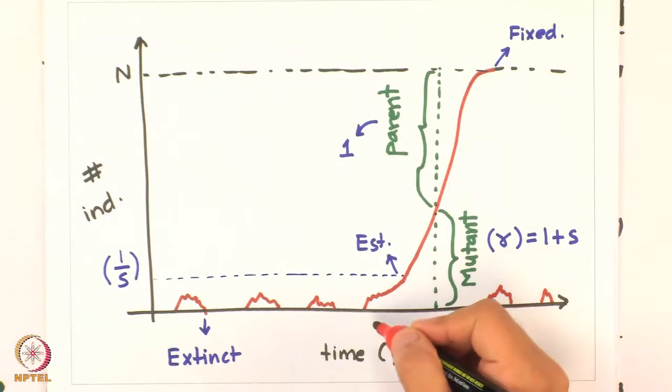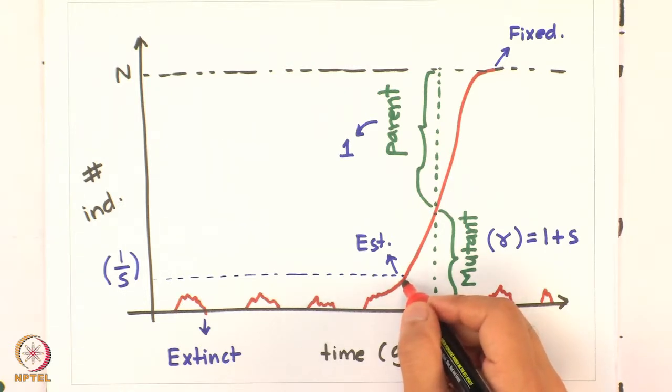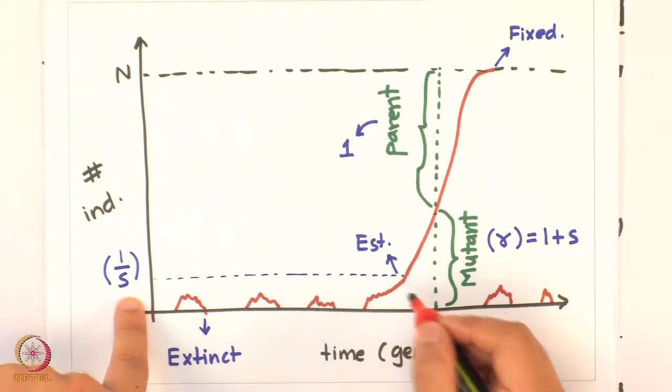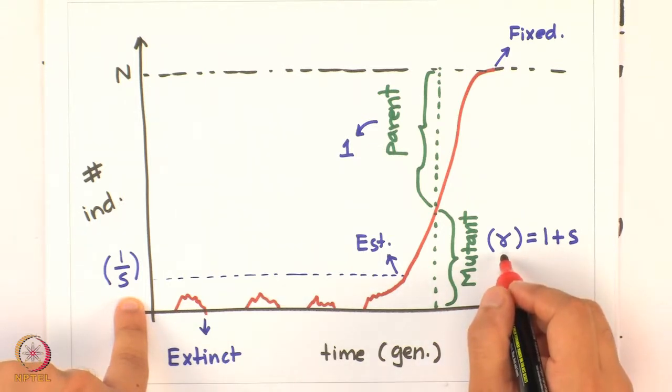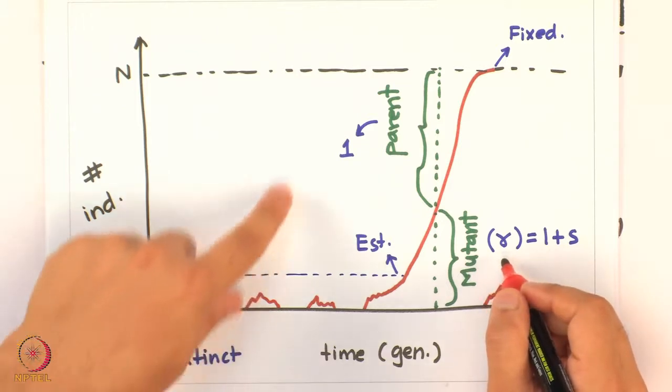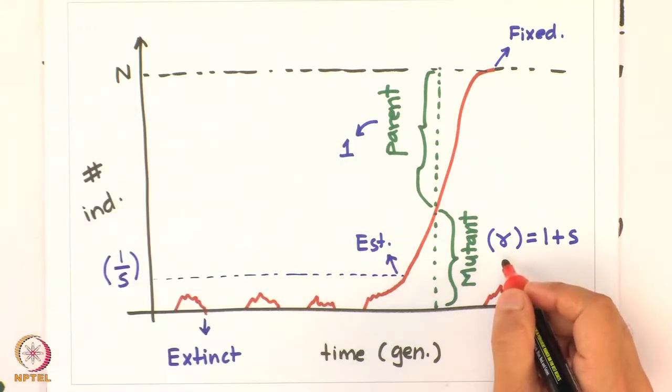However, once in a while we will have a mutation whose numbers will exceed 1 by s, where 1 plus s gives the fitness of the mutant, whereas the rest of the population has a fitness equal to 1.